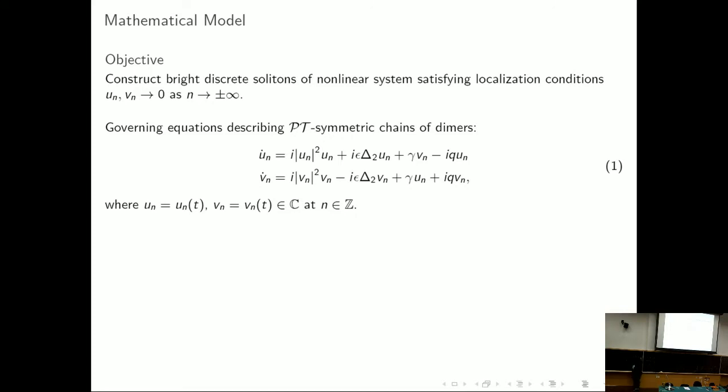So here there is this term epsilon, which is called the coefficient of horizontal inter-site linear coupling.